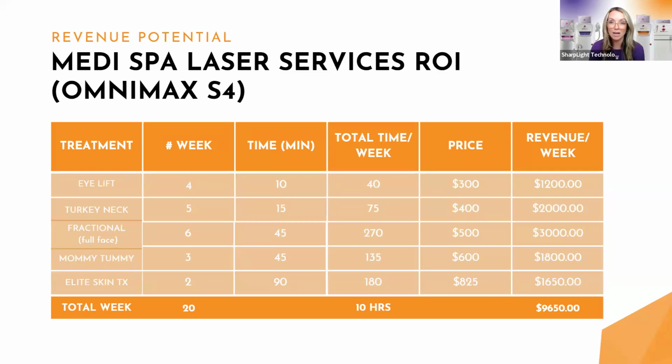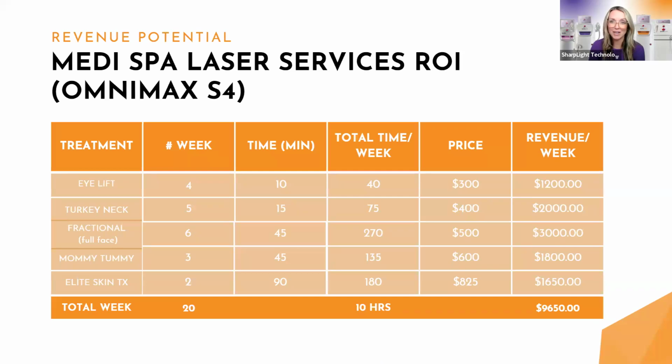And why we really love to highlight them at Sharp Light, because that's what you get to do when you have a laser device, a multi-modality device, where you can incorporate multiple handpieces into one treatment. So you can see here, your revenue jumps up to $9,600 a week when you're using fractional, and incorporating it into even stack treatments as well.